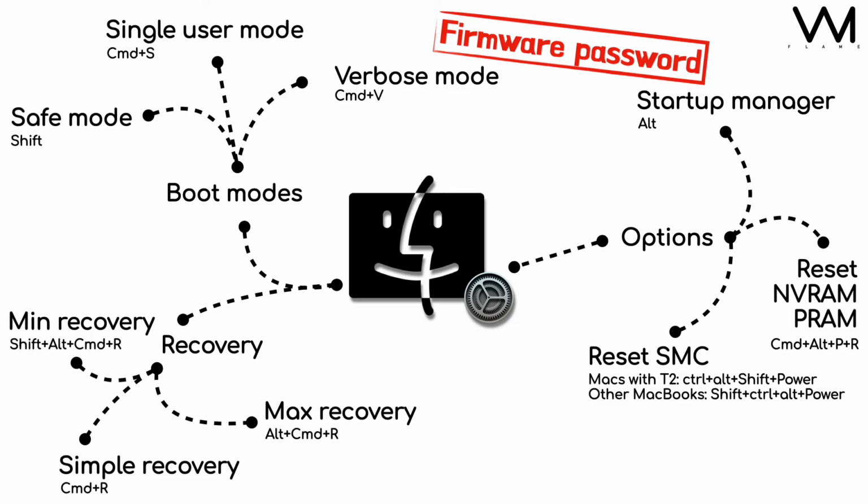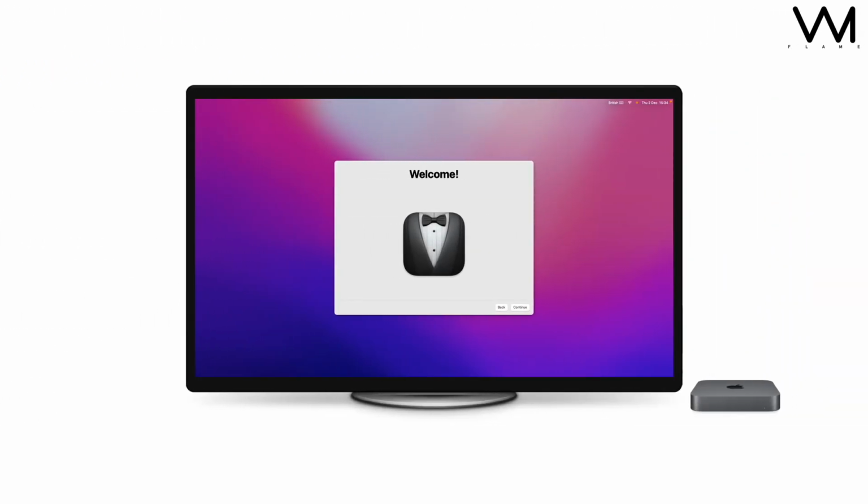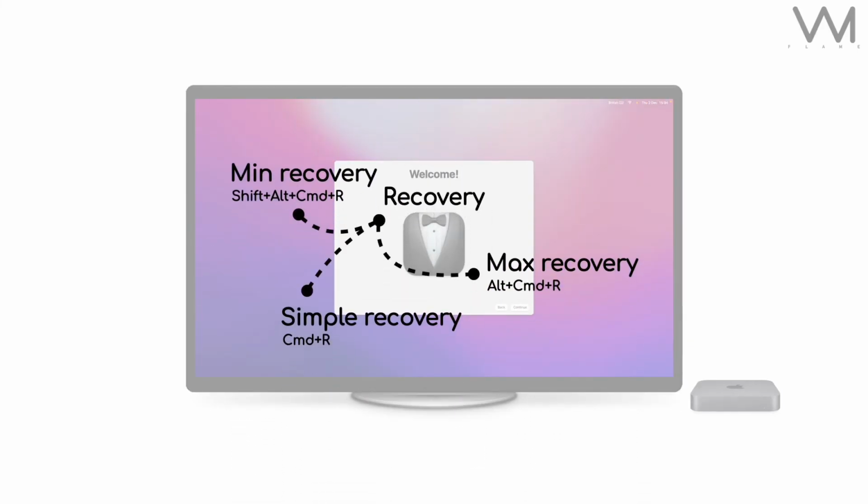But then the next question: what is this crazy stuff done for? Now let's imagine. You have bought a Mac Mini on eBay, right? So the user who has used it before, and he definitely did, so he needed to make a hard reset. So he had three options for doing that. He can do the simple recovery, he can do the maximum recovery, he can do the medium recovery.